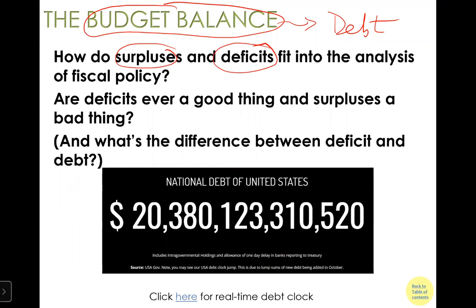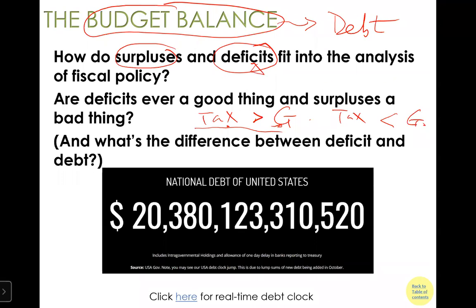A surplus is when government tax revenue is greater than government spending, meaning the government's income is larger than its spending. On the other hand, if tax revenue collected is less than government spending, the government is running a deficit. But how are they going to finance this deficit, or what are they going to do with the surplus?